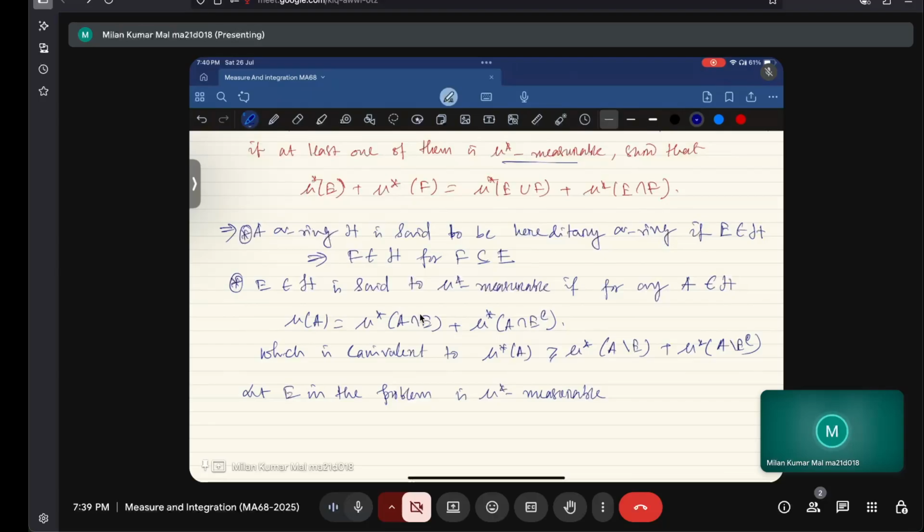We have H is a hereditary sigma ring of subsets, and we want to show that a set E is mu star measurable if for any A, mu star of A is equal to mu star of A intersection E plus mu star of A intersection E complementary, that we know.